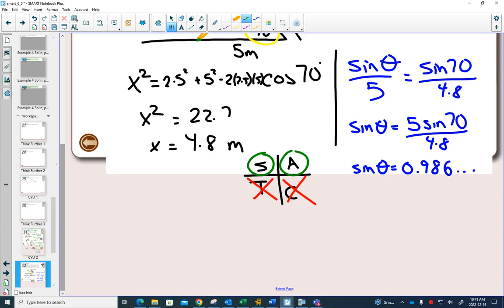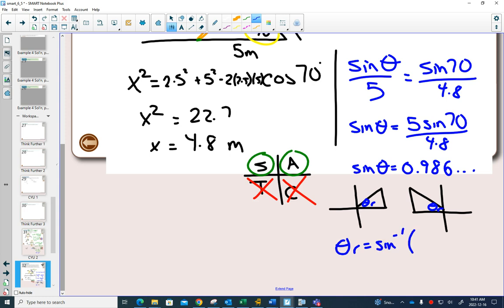It is not in quadrants 3 and 4. I would have to think about drawing an angle in quadrant 1, drawing an angle in quadrant 2, thinking about my reference angles, so I could find my reference angle by doing sine inverse of positive, which it already is positive, 0.96.